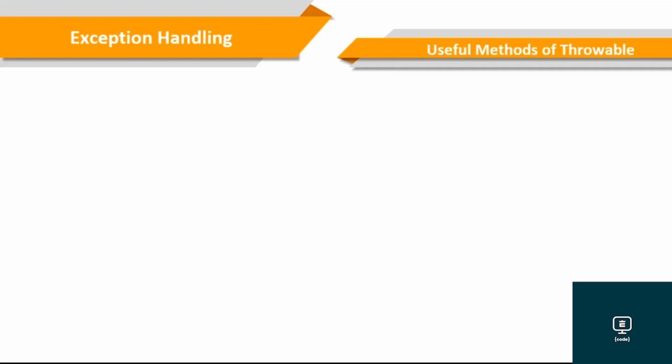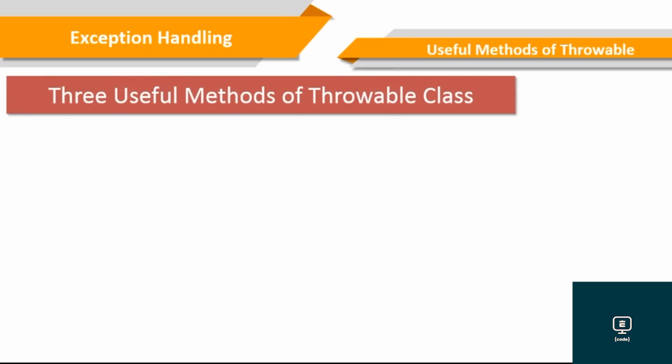Useful methods of the Throwable class. Java exceptions and all of its subclasses don't really provide any specific methods. The Throwable class includes all of the methods. So you see 3 useful methods of the Throwable class here in the slide.